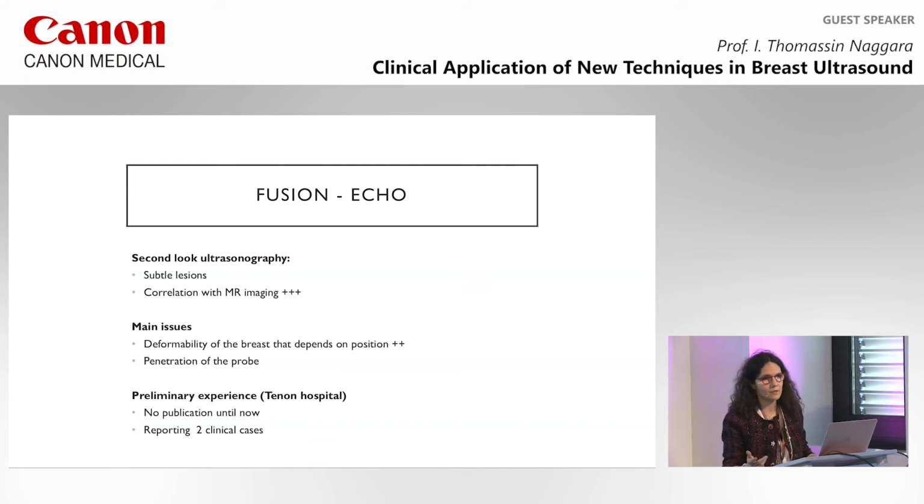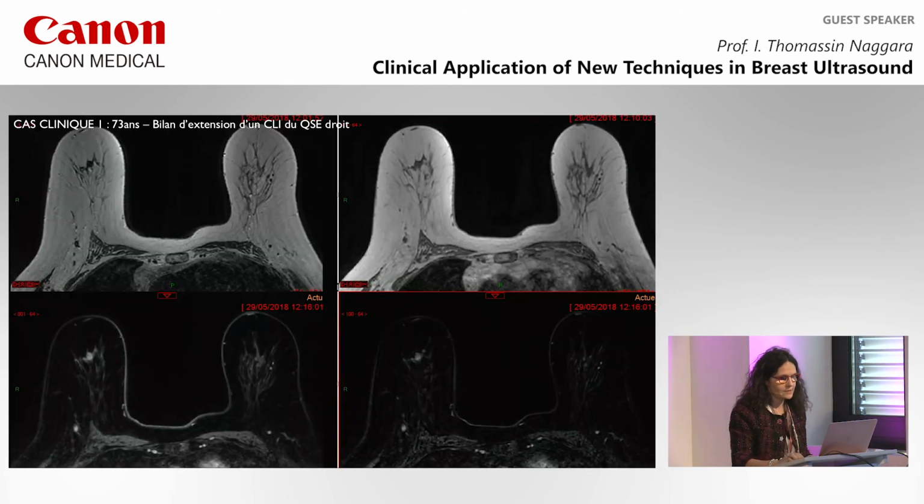Usually when you perform your second look, you use many lesions that are around the lesion you are looking for to be sure the lesion is at the right place. And you will see that when you use fusion, it's helpful because you are more confident in the location of the abnormality you detect. So here is the first clinical case.